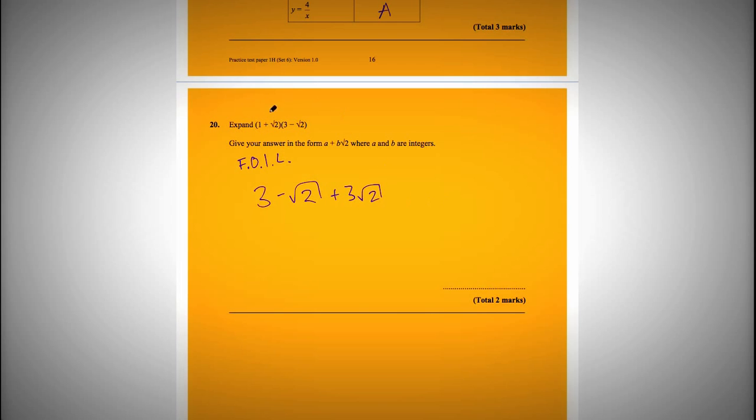And last is root 2 times by minus root 2, which is minus 2. Collecting together the surd parts and the whole number parts, I've got 3 minus 2, which is 1. And 3 root 2 minus root 2, which is 2 root 2. And that's my answer, 1 plus 2 root 2.